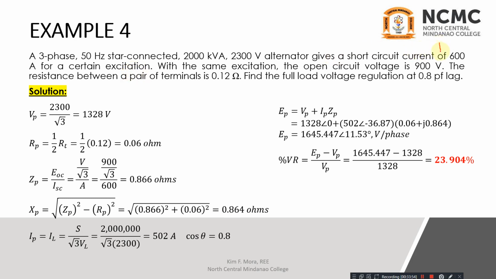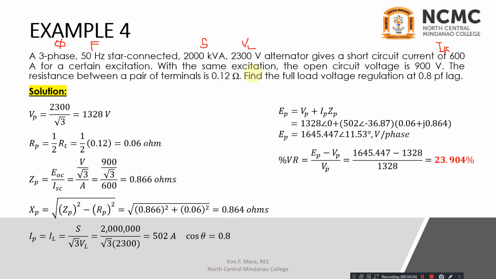So this is ISC, the short circuit current. The 2300 volts is our VL. The 2000 kVA is our S, the apparent power. The 50 hertz is our frequency. It is important to know what these values are.